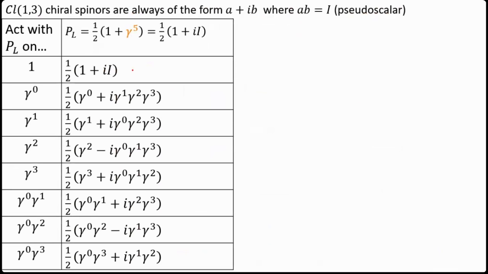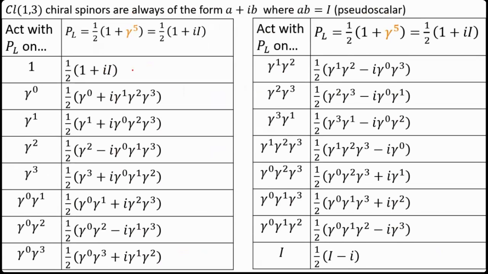I tried to write this all out. This is a 16-dimensional space, so there's a lot more work to do. But basically, when you project down, you get from a 16 complex dimensional space to an 8 complex dimensional space.